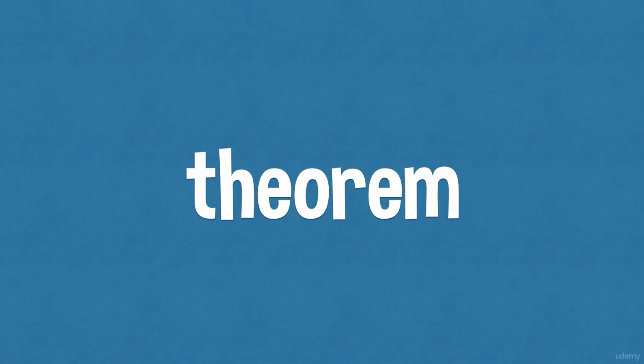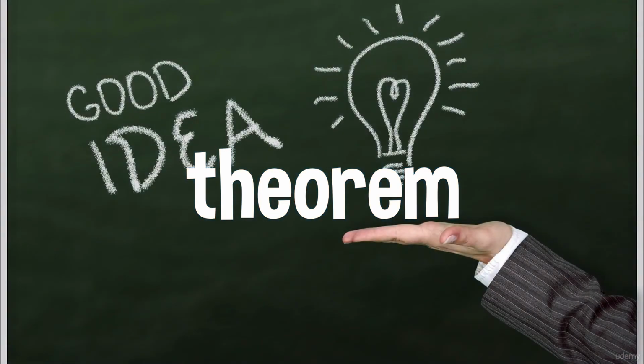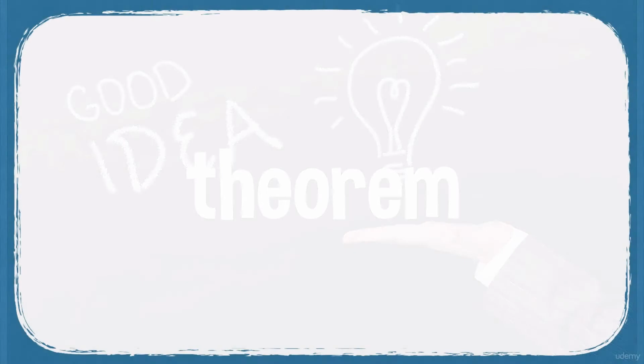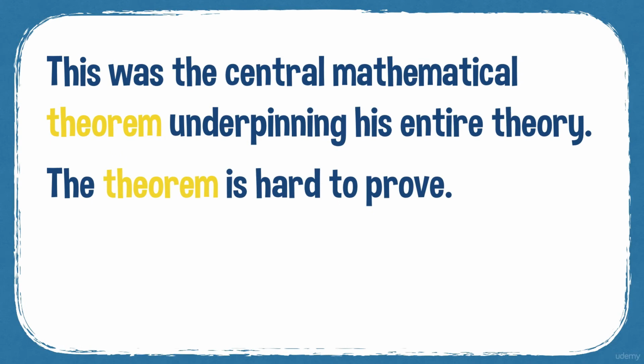Theorem. A theorem is a statement in mathematics or in logic that can be proved to be true by reasoning. So, for example, this was the central mathematical theorem underpinning his entire theory. The theorem is hard to prove.